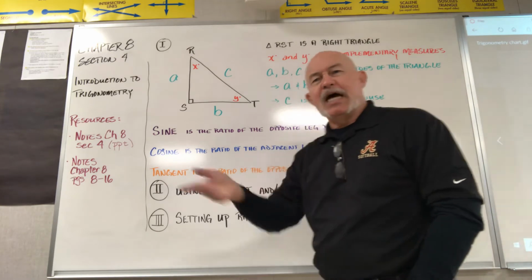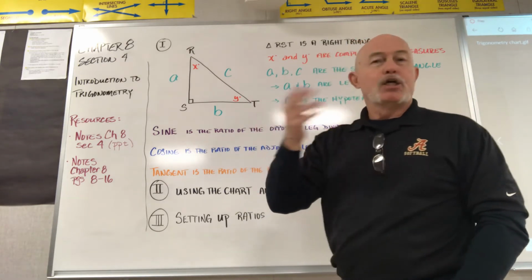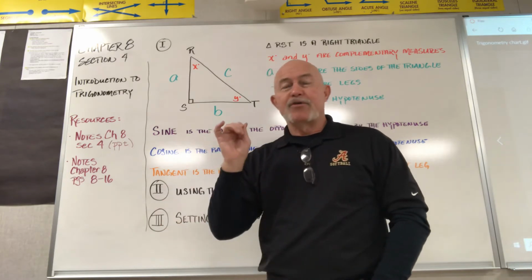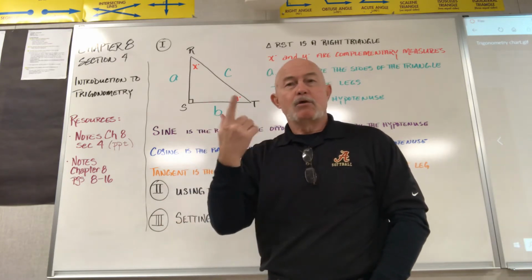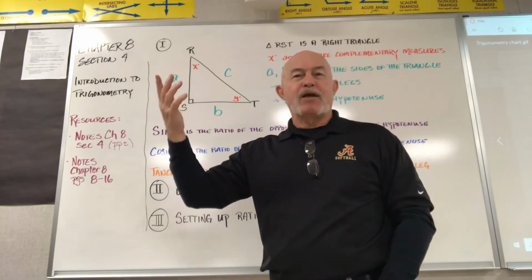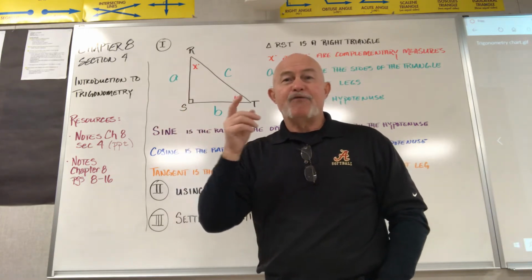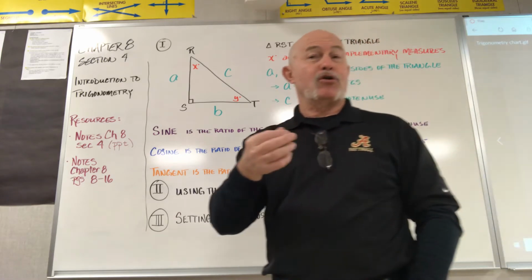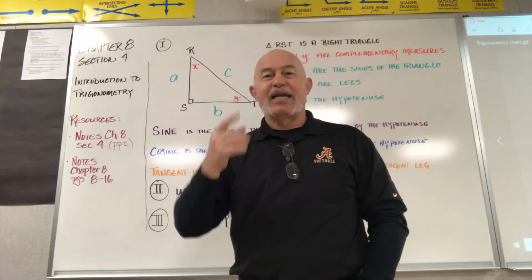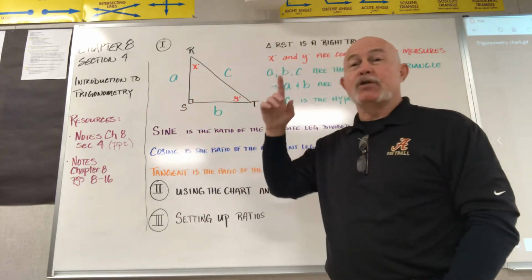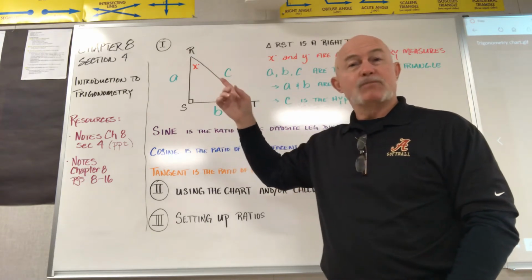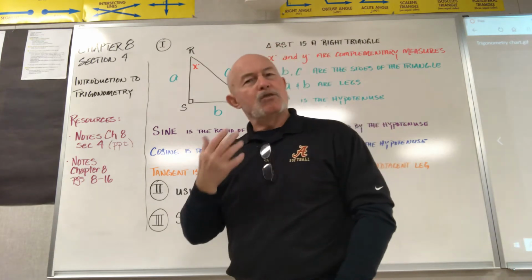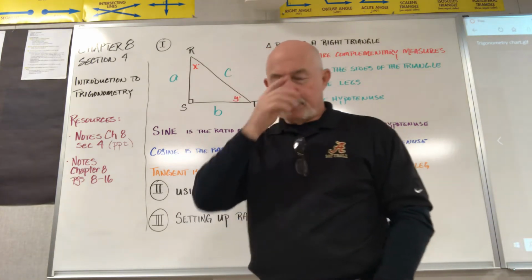So what this does, given 2 pieces of information: if you get a right triangle with 2 sides, we can use the Pythagorean theorem. If we get an angle, and it's not 45 or 30, 60, and a side, we can use trigonometry to find other sides. We already know how to find the other angle, subtract from 90. So this is how we do it.